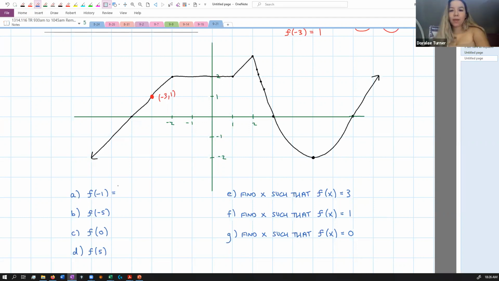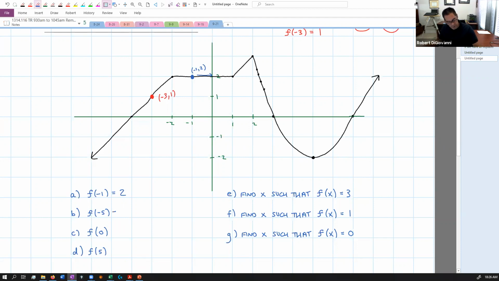Like in the example where you put f of -3 equals 1, what's inside the parentheses is your x. So if x is -1, you find the point where that touches the line, and then the y would be 2. Yeah, and you're looking at what y value that was. So this is the point -1, 2. So the y value is the answer. Yes, perfect. Good.